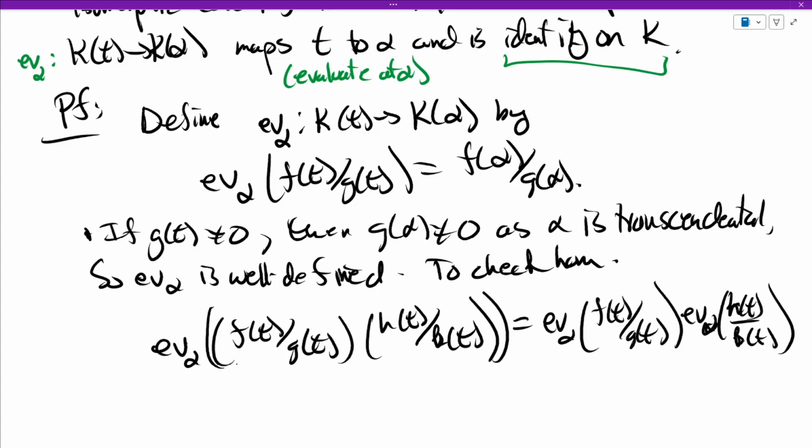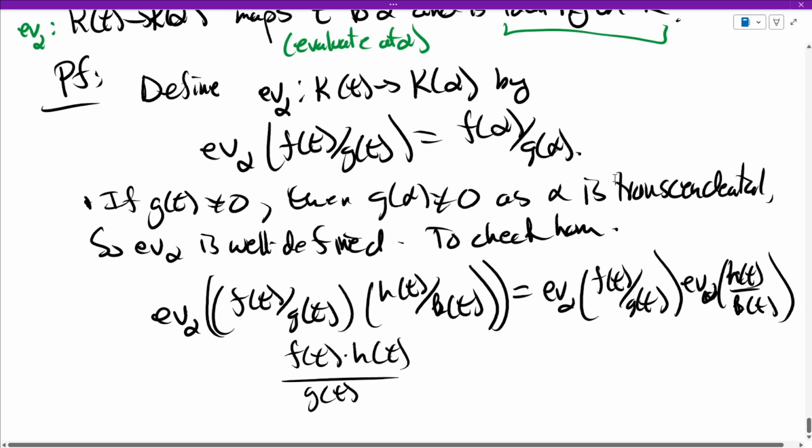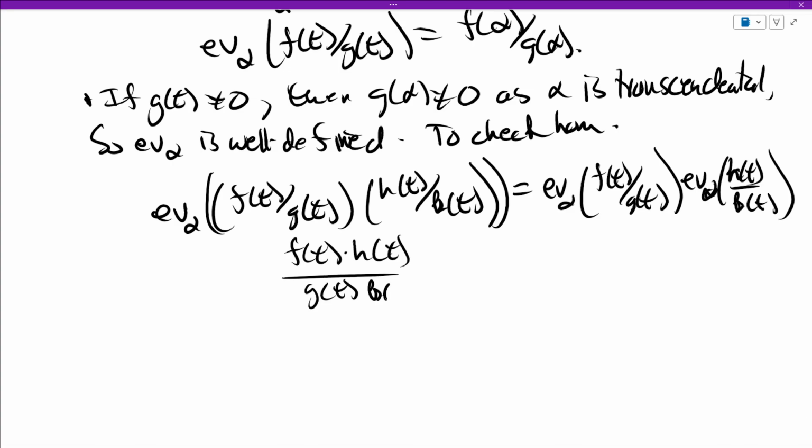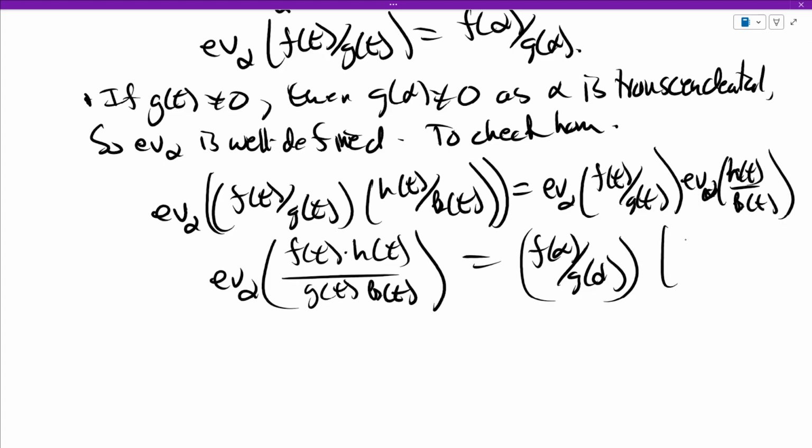Okay, so let's multiply these out on the left, and then we're going to plug in alpha. Just give myself a little more space here. And then on the right-hand side, we're going to plug in alpha and then multiply. All right, cool. On the left-hand side, we plug in alpha.